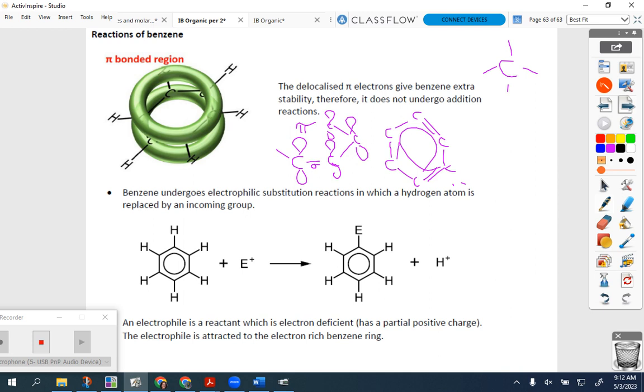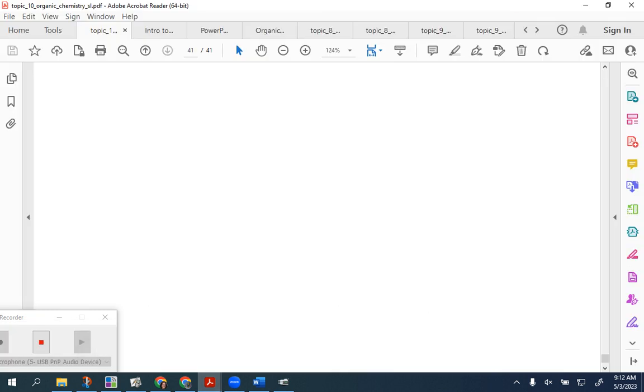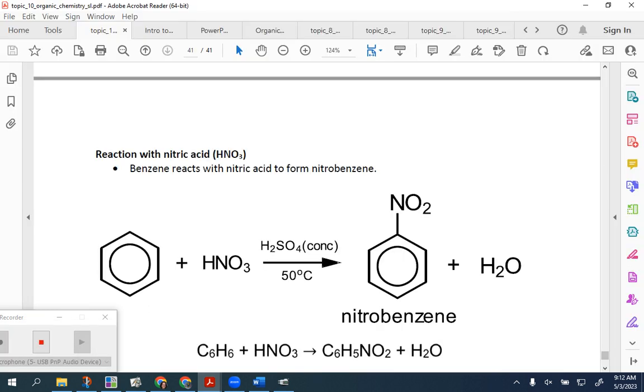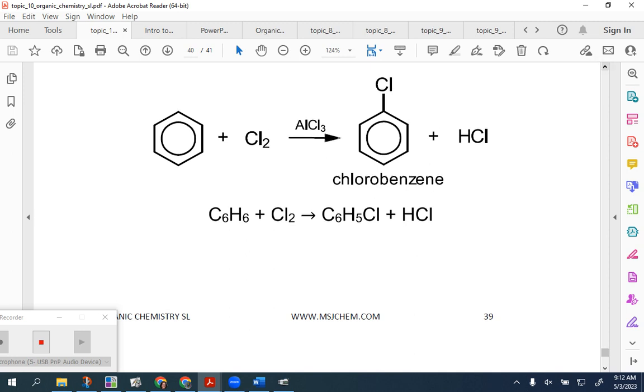And you can make all kinds of substitutions here. Under different conditions, depending on the electrophiles, you can end up with a lot of different things coming off of this ring. I forgot to put this up as a slide, but I think I still have it here. So one example is a halogen.